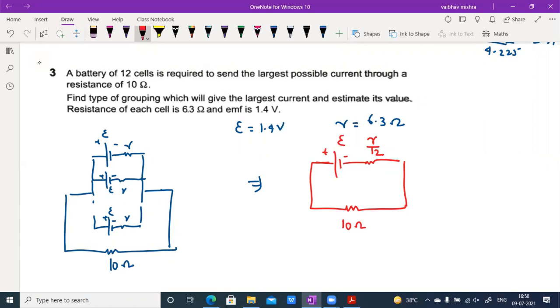It has to be connected, all should be connected in parallel, and the current that will pass through here, कितनी आएगी करंट? It is 1.4 divided by 10 plus 6.3 by 12.